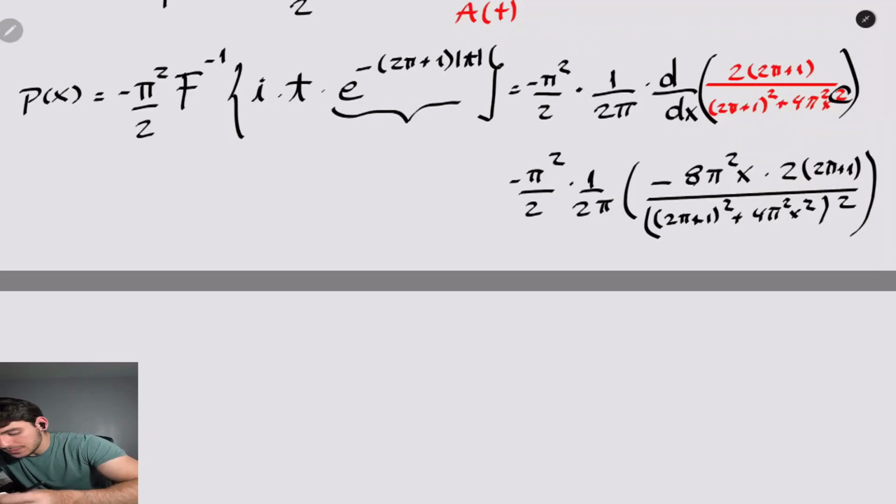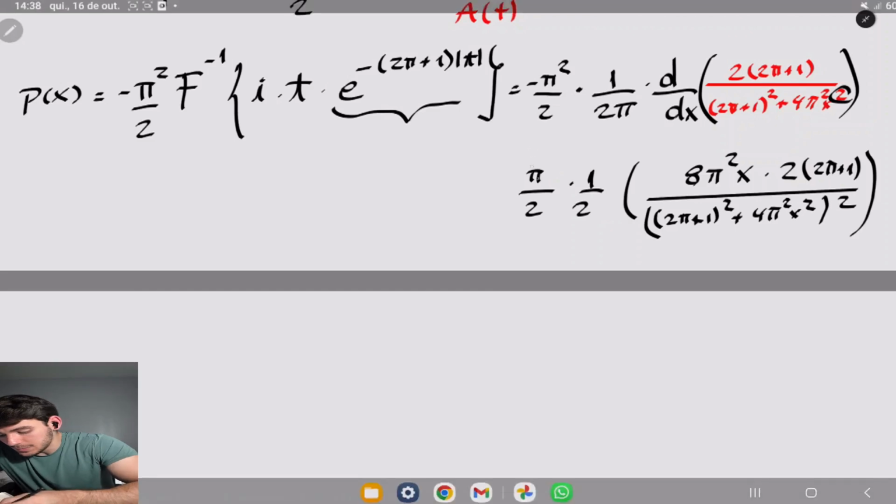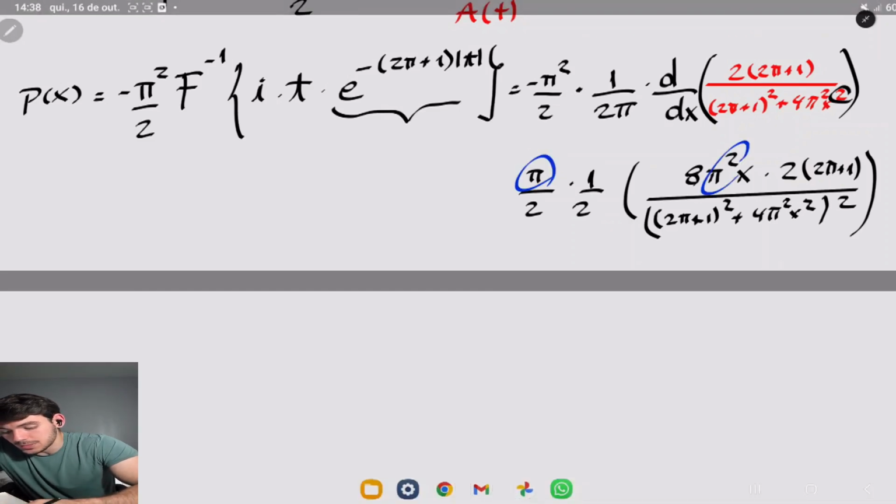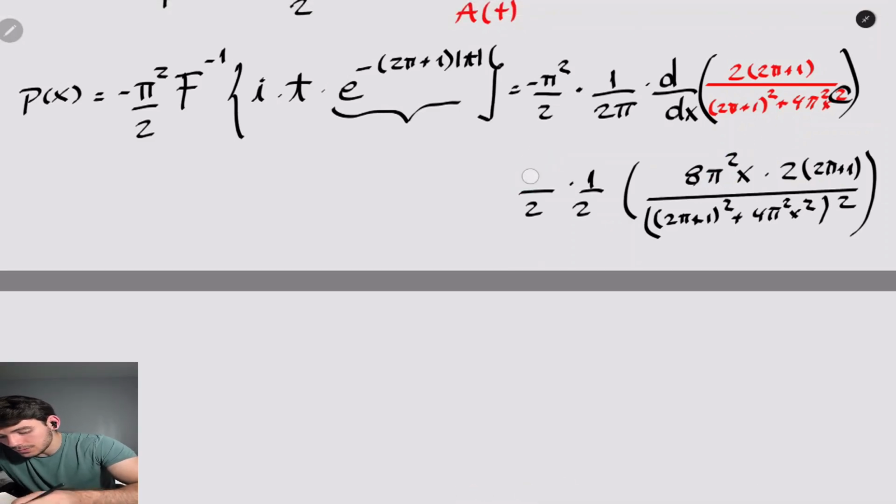So this minus here with this minus here, I'm just gonna erase it. Okay, it becomes a positive. This pi here cuts out with this pi squared, so this becomes just a pi, and this pi vanishes. So this pi with this pi squared becomes a pi cubed. So I'm gonna raise it and put a cube here.